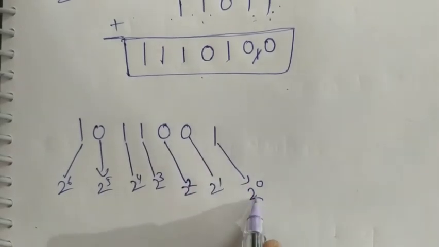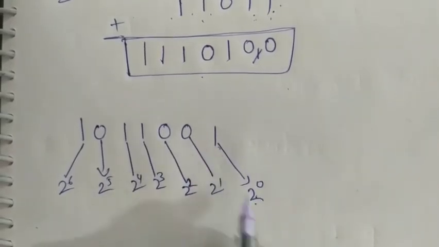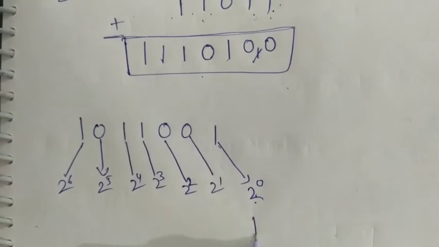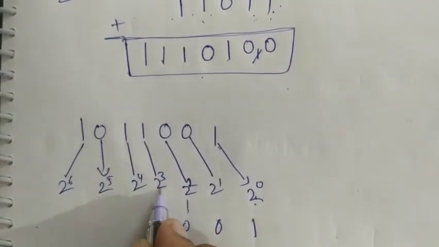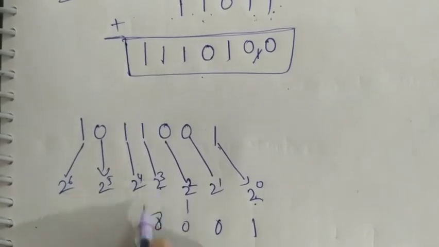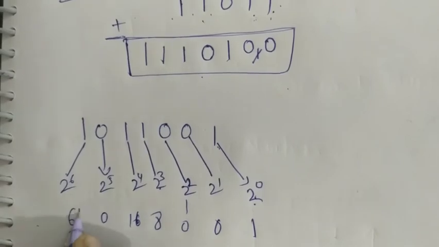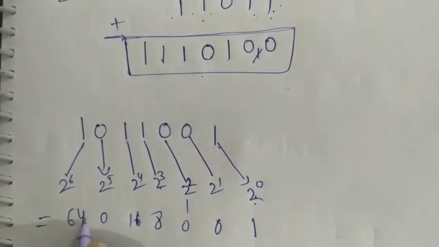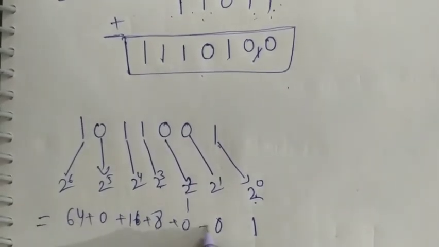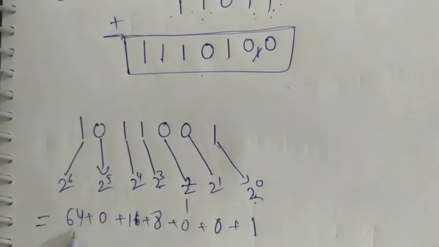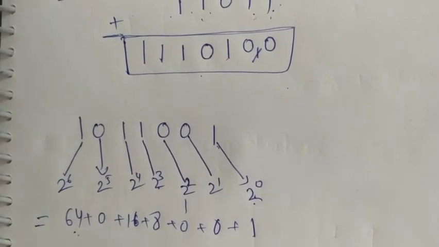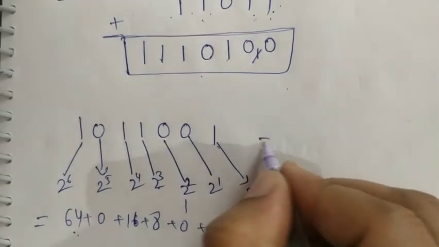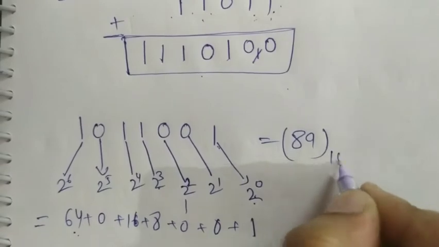After multiplying and adding this, I will get: this is 1, this is 0 and this is 0. This will be 8 and 16, 32 into 0, and this is 64. So add all this, I will get a total of 89 in decimal format.